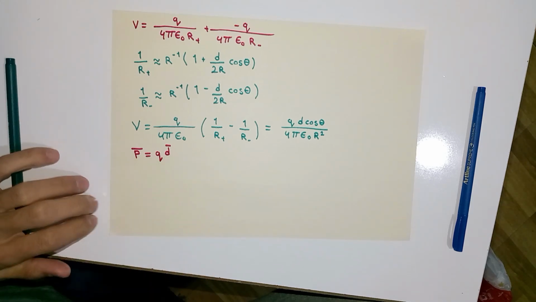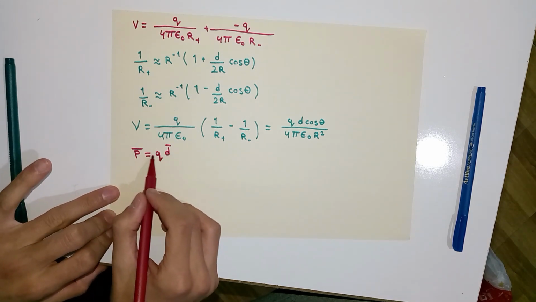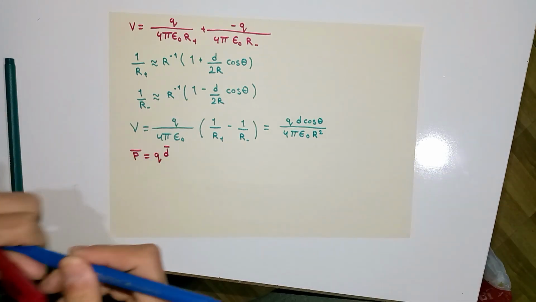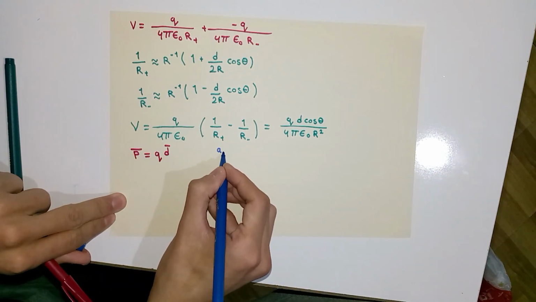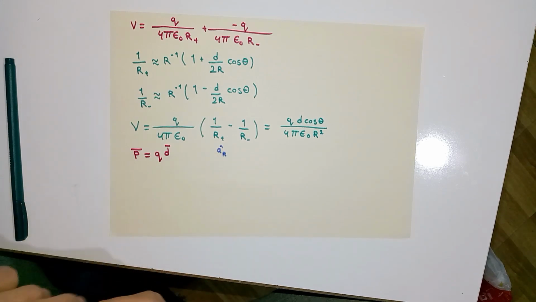Now we are going to multiply both sides of these two equations by the radial vector a sub r. I'm going to multiply this by this vector ar, and we are going to see what's going to happen.